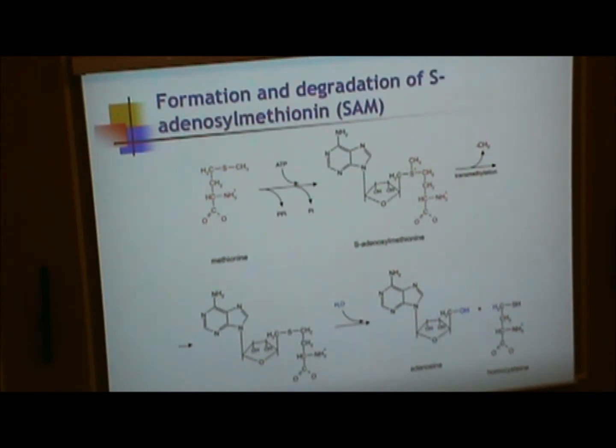The S-adenosylmethionine is converted into S-adenosyl homocysteine. So please look at this sulfur. This sulfur does not bind to the methyl group. Then the S-adenosyl homocysteine is submitted to the action of water.